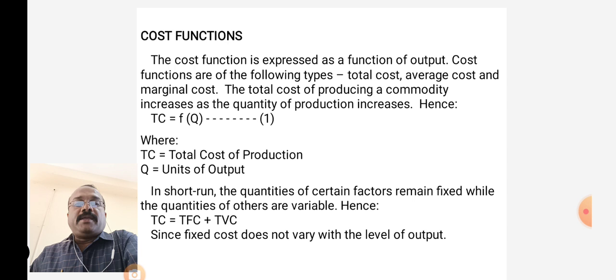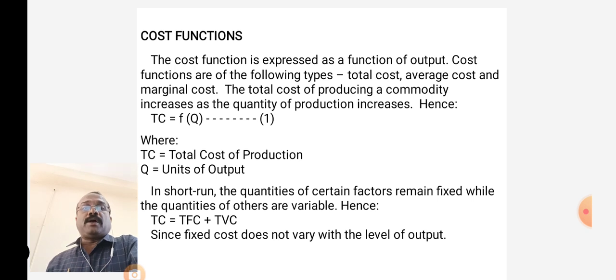Any cost incurred under the quantities of the other variable factors is considered under TVC. Any cost for factors whose quantities remain fixed in the industry is called TFC.